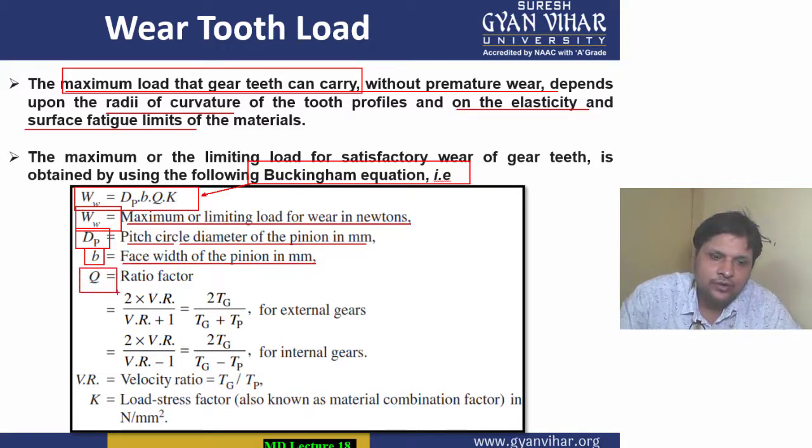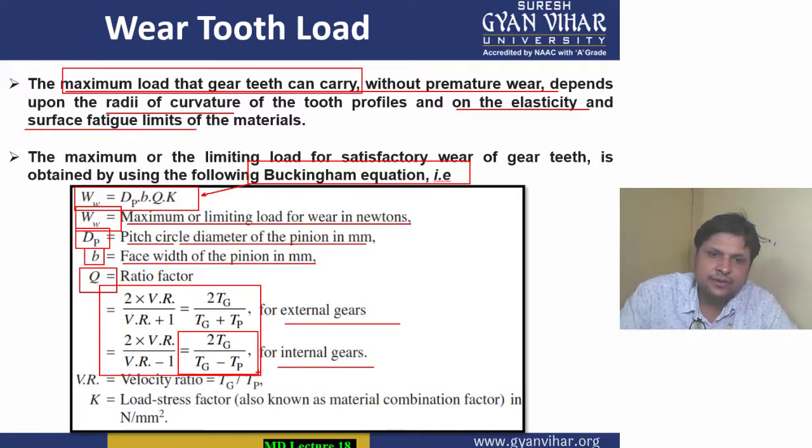Q is a factor which you can calculate by this formula, 2 into VR upon VR plus 1. Or in other words, if you have the number of teeth in gear and pinion, you can write 2 into TG upon TG plus TP. This will be for external gearing, keep in mind. For internal gears, we will use the formula 2 into TG upon TG minus TP.